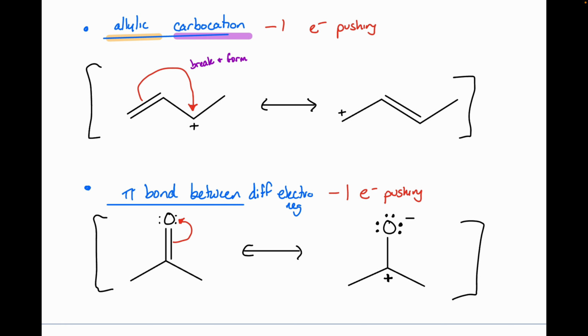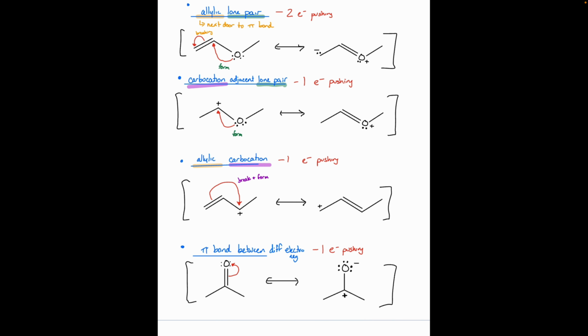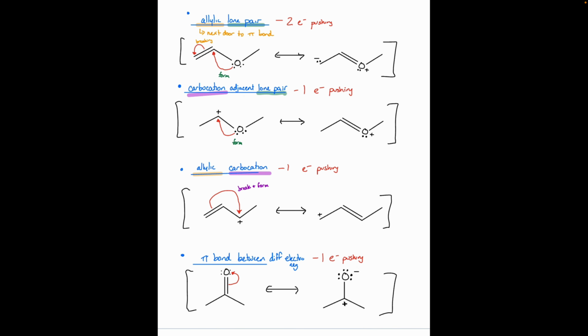Again, this carbon got that pair of electrons taken away from it. So being able to recall what those 4 categories are is step number 1, and then being able to draw an example from each one of those categories. That's step number 2 if I'm studying my resonance here.